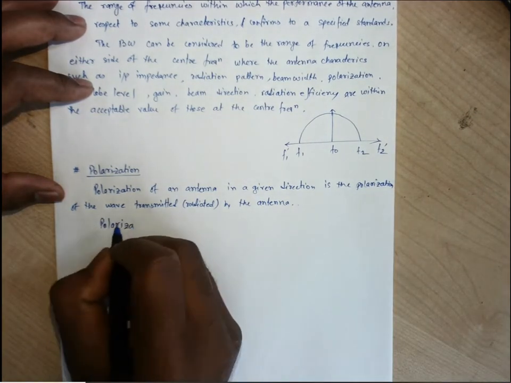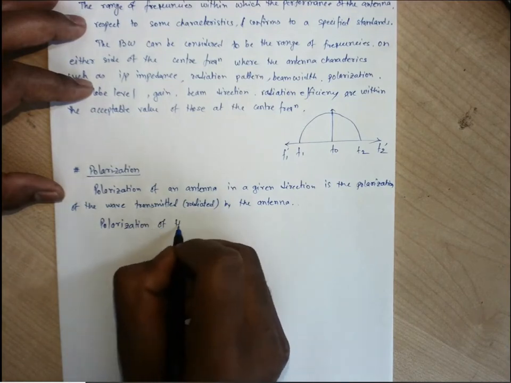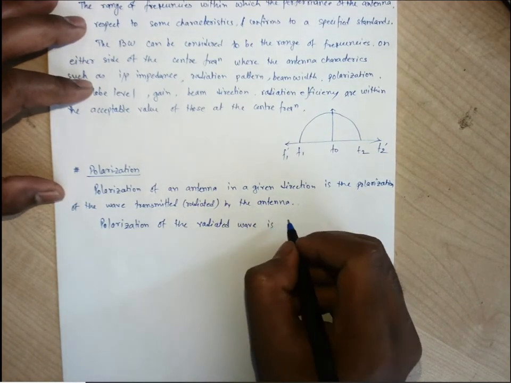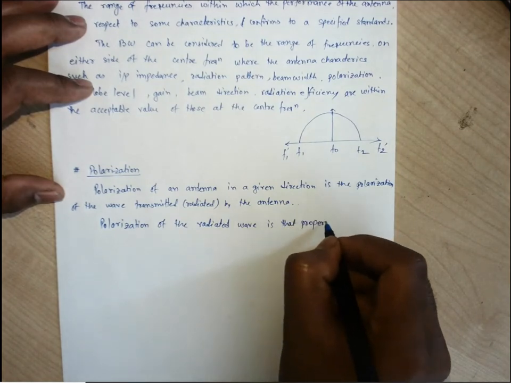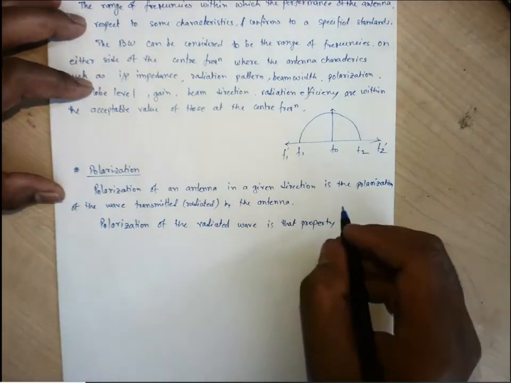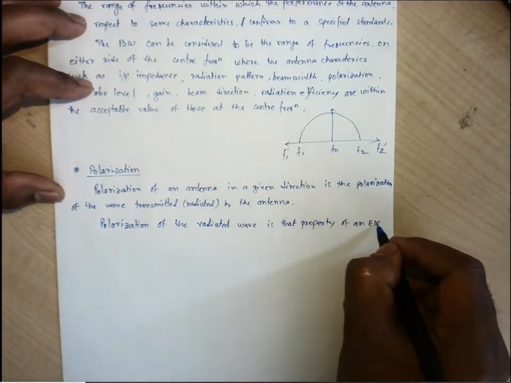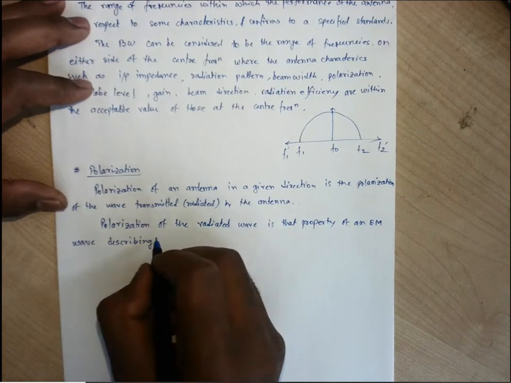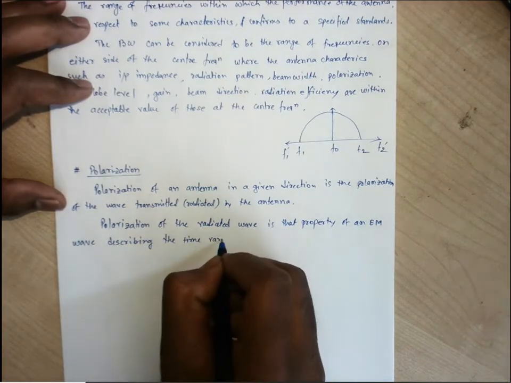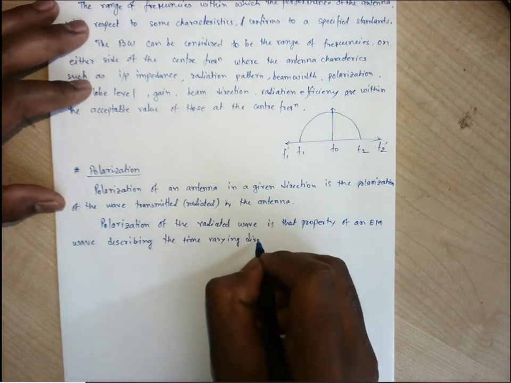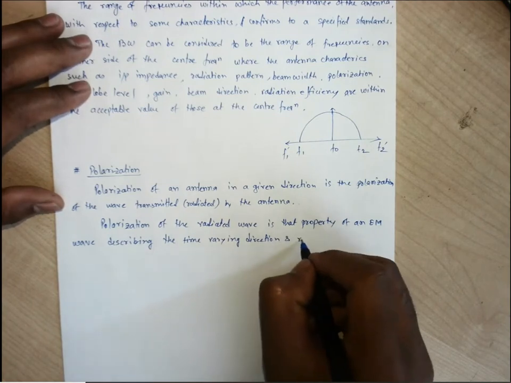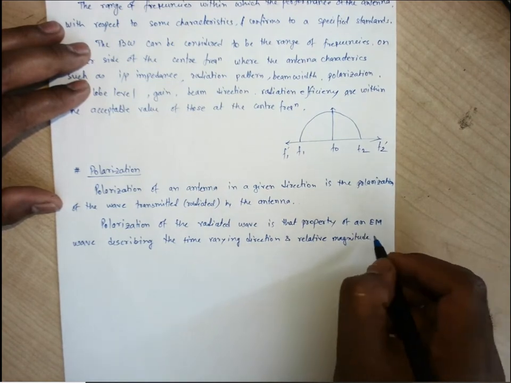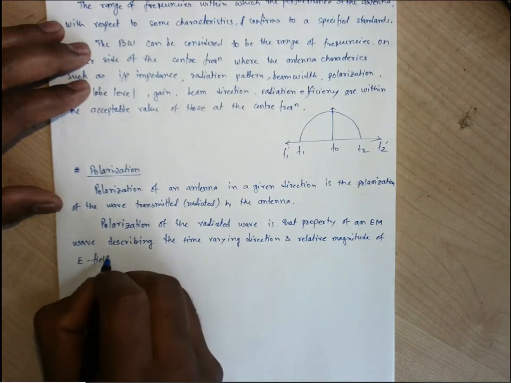Polarization of the radiated wave is that property of an electromagnetic wave describing the time varying direction and relative magnitude of the electric field vector.